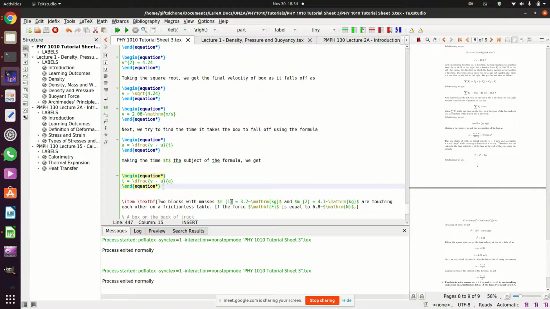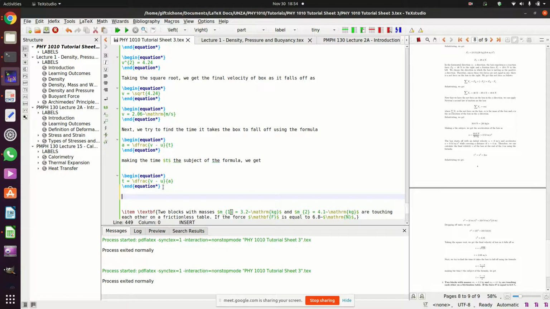Then we substitute the known values of v, u, and a. We get the time t as follows.